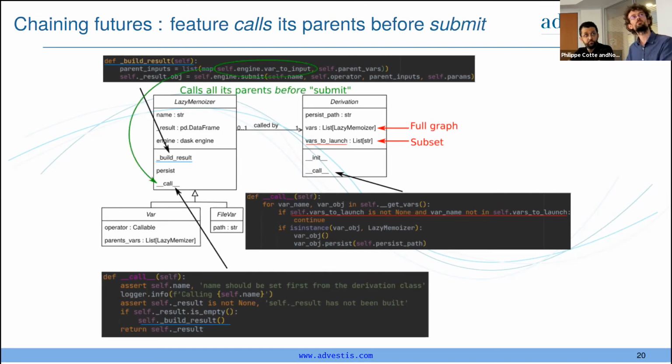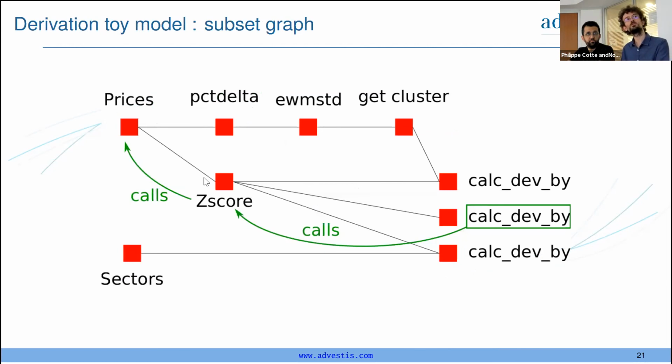Now, where the magic happens is here. In build result, before submitting the future, the lazy memorizer will call its parents. So its parents are actually the variables it depends on. It means that the parent variable will be called, which itself will call its parent variables.